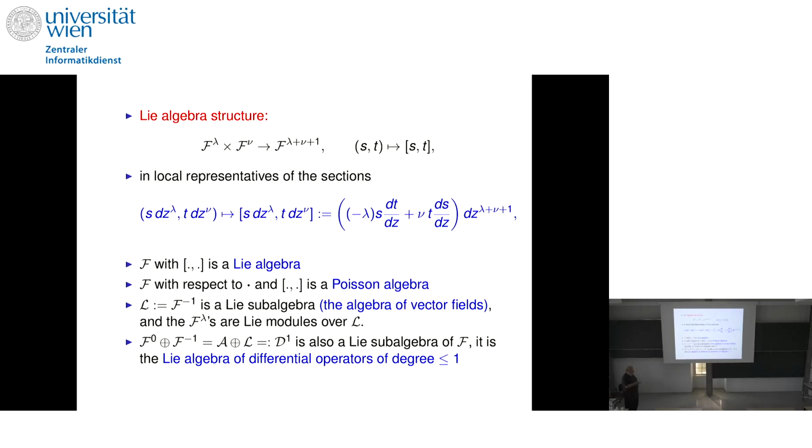But then it's also possible, you see, this mother algebra contains other subalgebras, for example F0 and F -1, functions and vector fields. This is the Lie algebra of differential operators of degree less or equal to 1. You can easily check that this closes under this, and you get it. And again, these F lambdas are modules over these differential operator algebras.